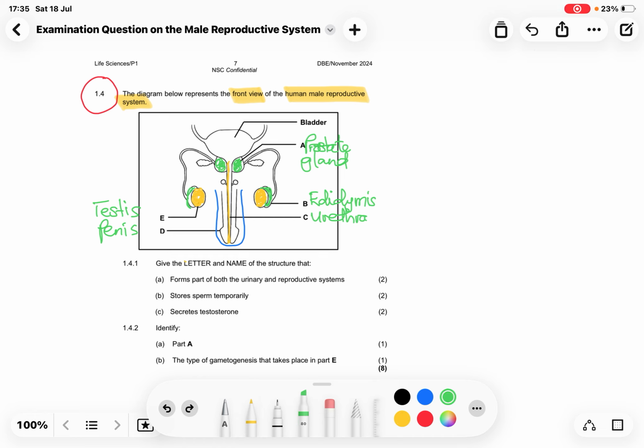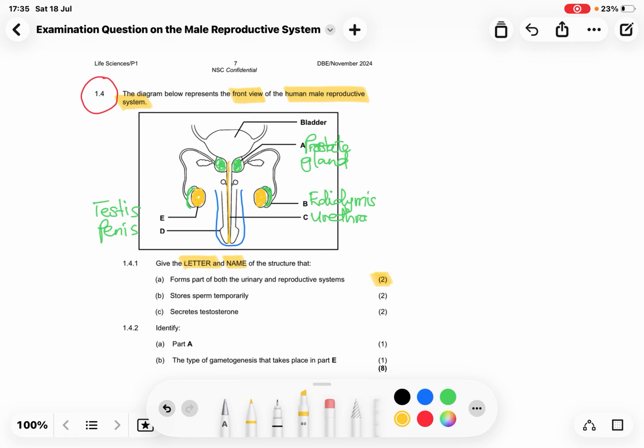Highlight the keywords so that they stand out and you don't forget what you are supposed to be doing. They are the ones that will give you the instruction that will help you to answer the question.